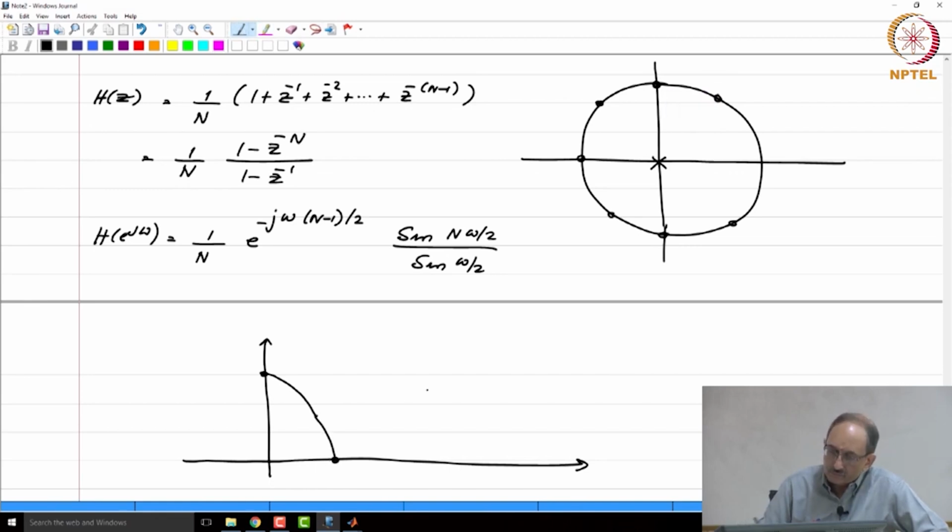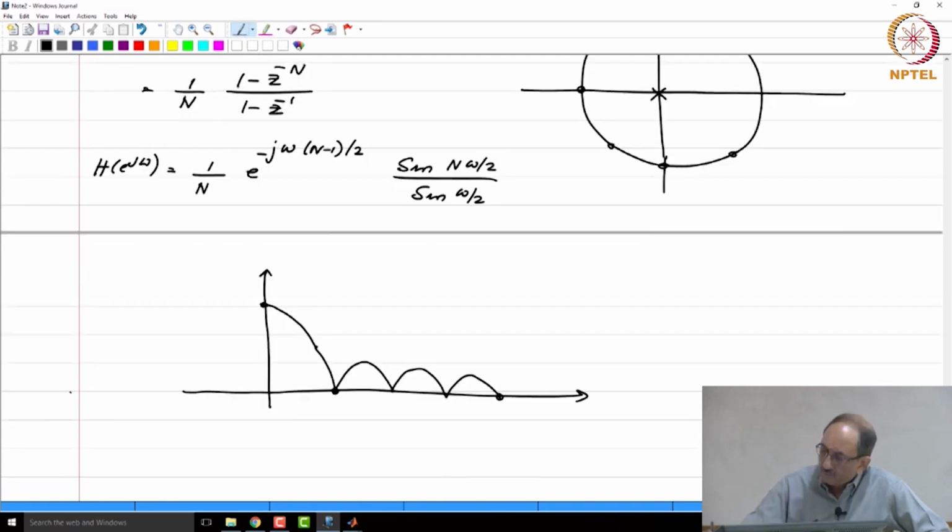Similarly when you cross this, you will hit a peak somewhere in between and then hit the next zero when you approach this, and hence the response will look like this. This is how the response will look. So, this is between minus pi and pi.